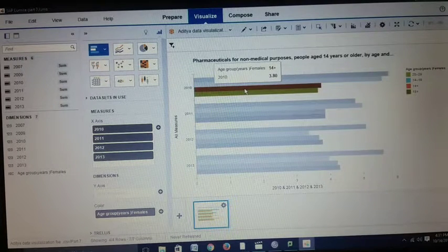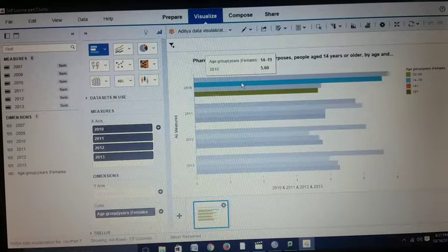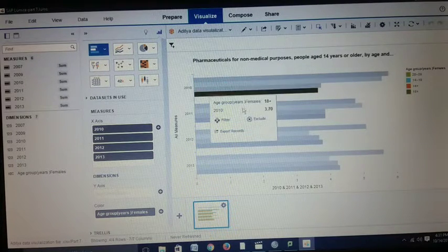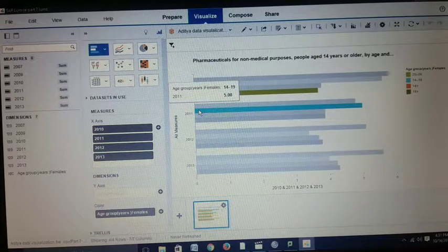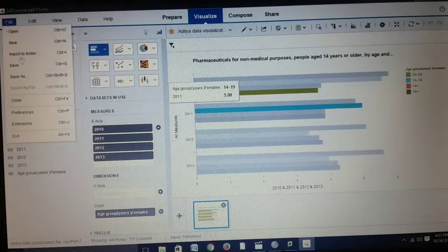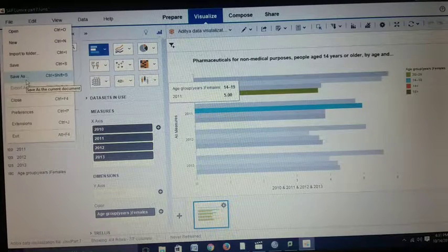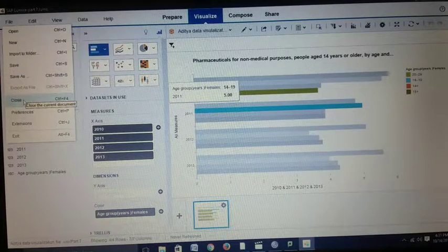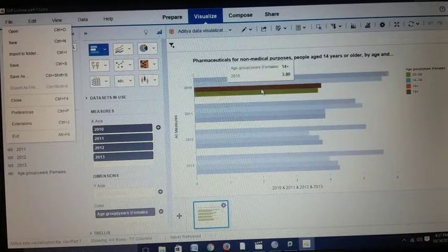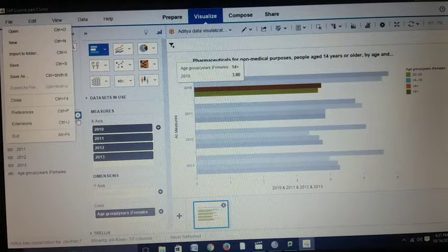After that, the age group of 14 to 19 is the second, which shows 5.60 in 2010 and 5.00 in 2011. So these are the two age groups in female which are consistently increasing, and they are consistently the top two age groups which have been in all the charts.